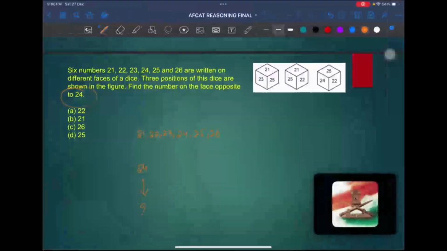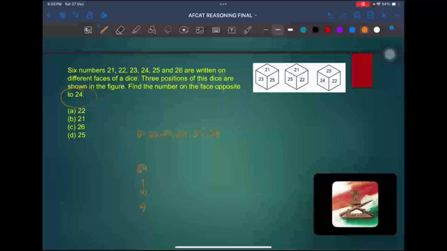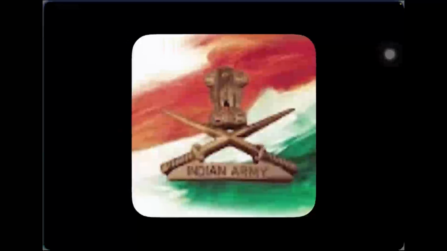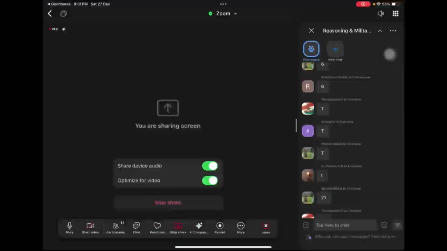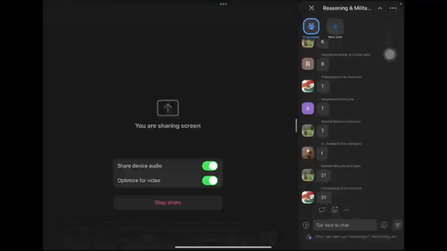Just take a minute and try to solve this question. If anyone has completed, please unmute and answer. That will be very good. Sheetal is telling 21. Tangappan is telling 21.